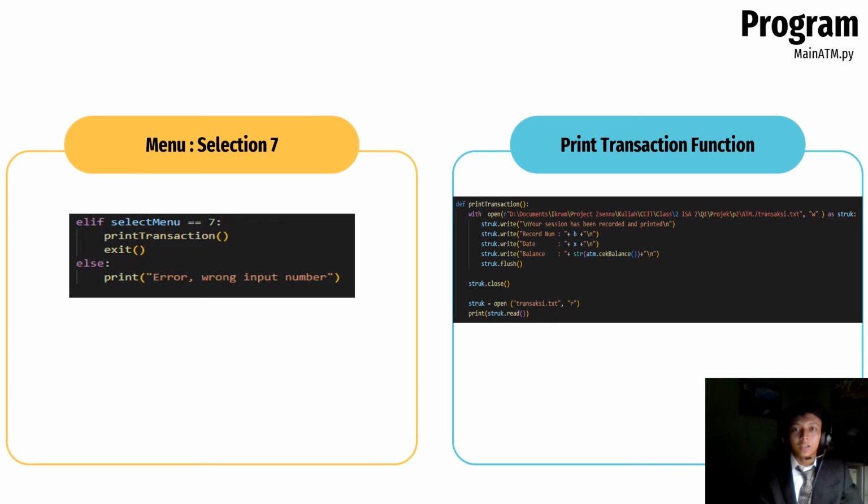Next, for the date, I am using the variable x, which will call the current date and time. Then there is a balance, which contains the customer's final balance. Then the program will close the file, and the file will be called to read and display again in the terminal.